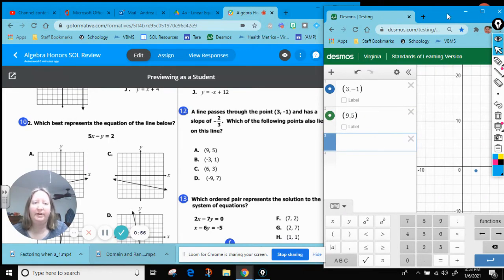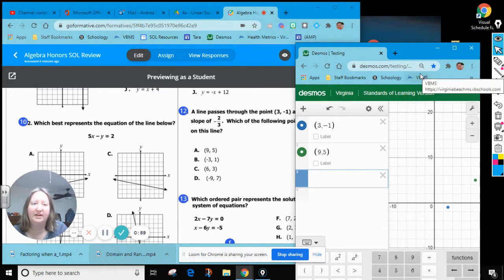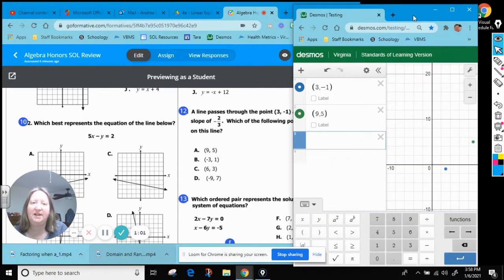Then come over here and look on Desmos to see if you applied that slope, a -2 up 3. Now remember, our original point was this one. If I apply this slope, will I get to that green point?